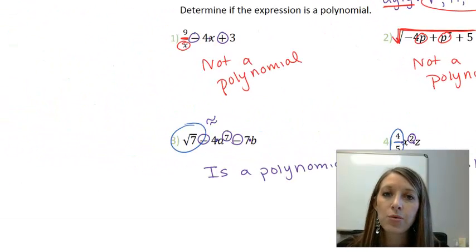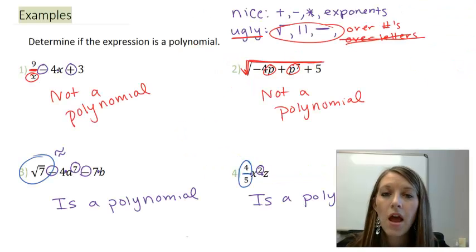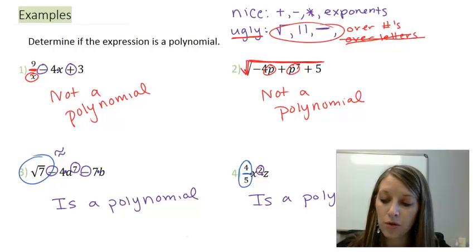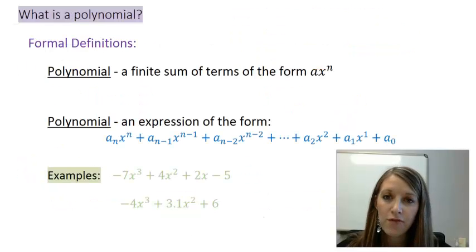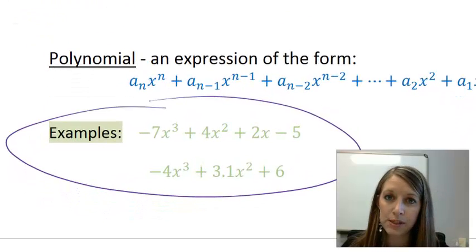So hopefully after working through these examples, that separates out the polynomials versus the non-polynomials. But I would still understand if you had some confusion about what an actual polynomial is. For that reason, let me show you what typical polynomials look like. I have our formal definitions here, but more importantly, I have these examples down here.